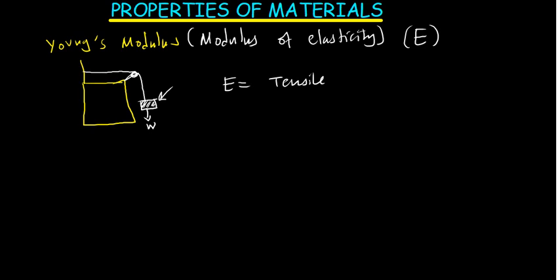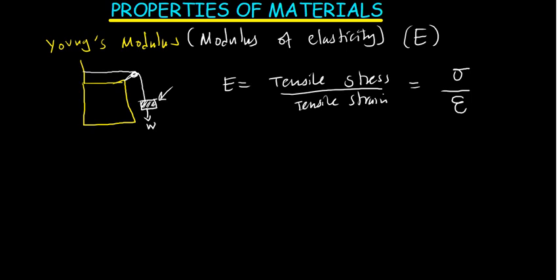So that is tensile stress divided by tensile strain. And well, the symbols here, stress, the symbol is sigma, and the strain, the symbol we're going to use is also more like an E, like that. But what are these? What is stress and what is strain?